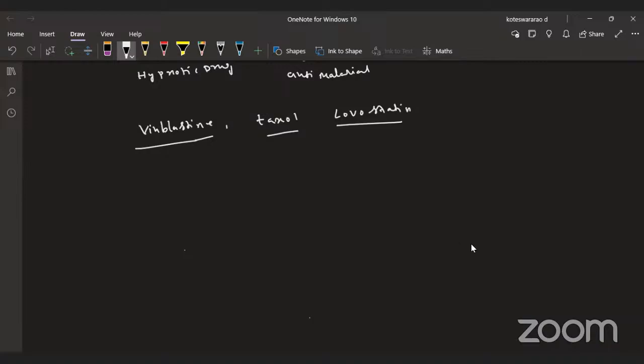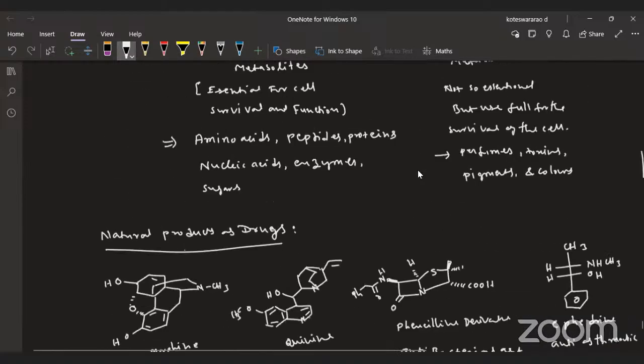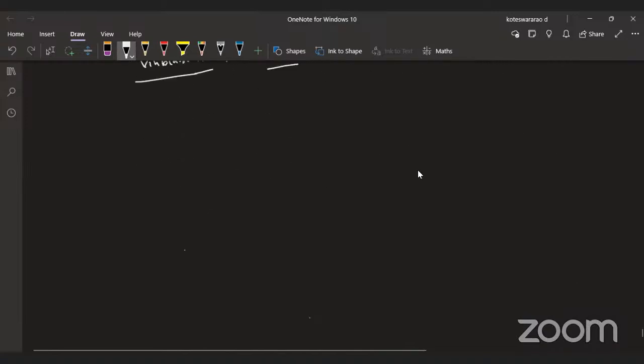Now, coming to our topic, this is some basics for the natural products. Next, coming to terpenes and terpenoids. This is our lesson, 16th unit. Terpenes and terpenoids.